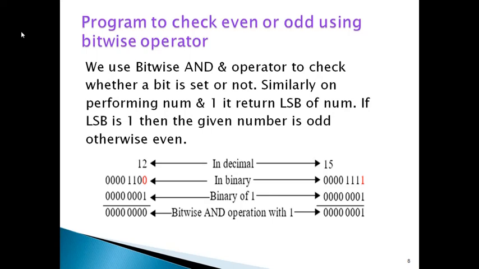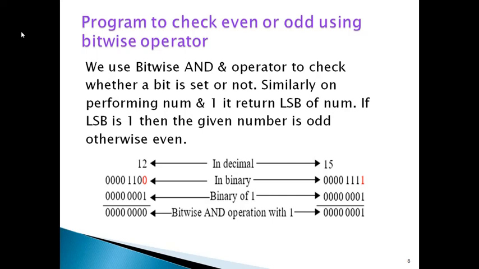Then if you perform the bitwise AND operation, the resultant value returned is 0, because in the least significant bit, every even number consists of 0 only.